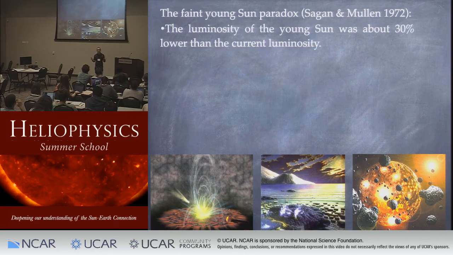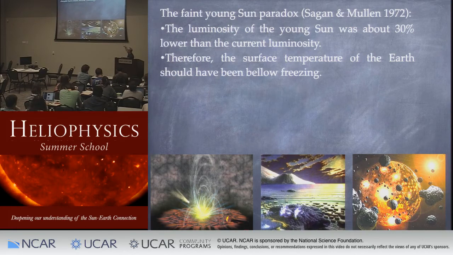But there's geological evidence that the temperature was actually above freezing. So you need to come up with some mechanism that the surface temperature on the Earth at that time was higher. That's the paradox. Okay? And one of the mechanisms to explain higher temperature is the idea of greenhouse gases. So that's how it came to be.